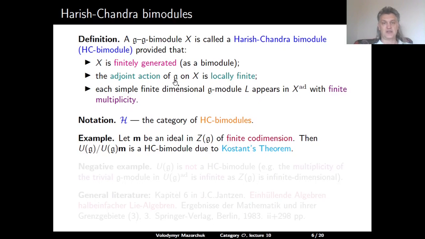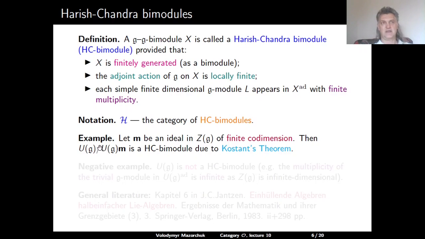The adjoint action of G on U(G) is of course locally finite. However, the multiplicities of simple modules in U(G) are infinite. For example, the center is infinite dimensional, and this is exactly the multiplicity of the trivial module. But if we factor out the ideal generated by a finite codimension ideal in the center, then from Kostant's theorem it follows that each simple module will have a finite multiplicity in this quotient.